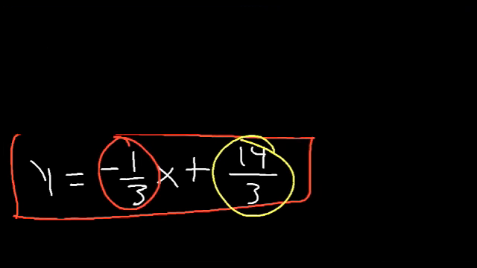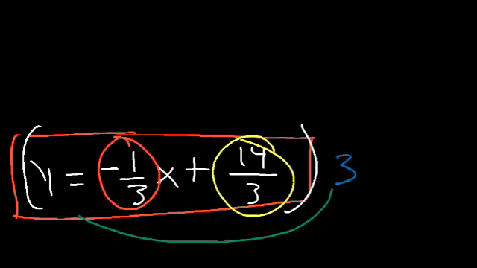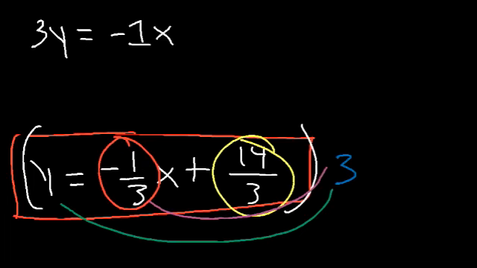So now let's put this equation in standard form. To put it in standard form, the first thing we need to do is get rid of the fractions. So let's multiply both sides by 3. So 3 times y is 3y. And 3 times negative 1/3 x, the 3's cancel, so it's simply negative 1x.